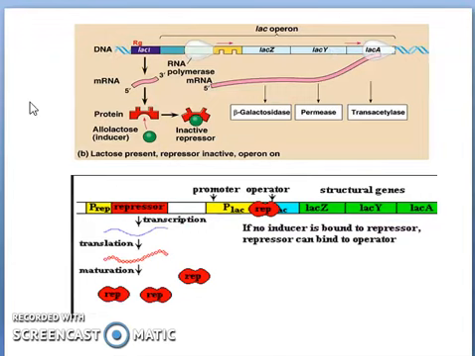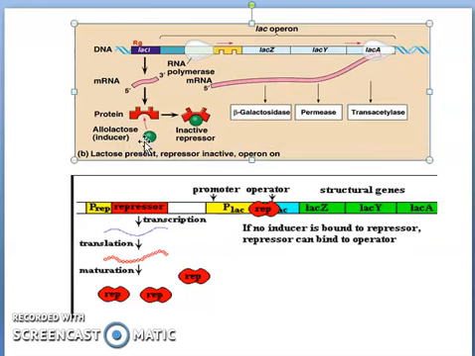See, we will be dealing with this slide now. Here it is a DNA and it is having a lac operon which will code for the enzymes or the proteins which are responsible for the breakdown of lactose. Here in the presence of a lactose, when the repressor is produced, the lactose will produce allolactose, for which the repressor will be unable to bind to the operator region.